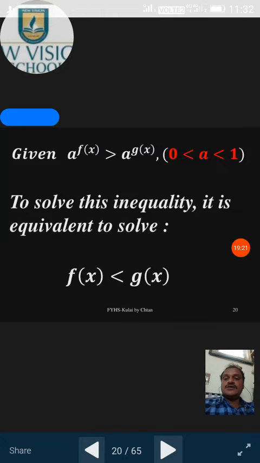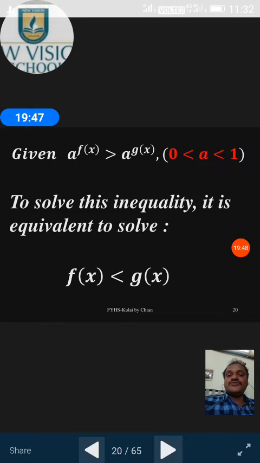Now the other exponential inequality: if a power f of x is greater than a power g of x, when a lies between 0 and 1, then to solve this inequality, f of x will be less than g of x.